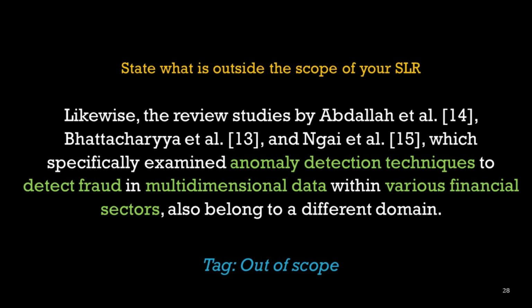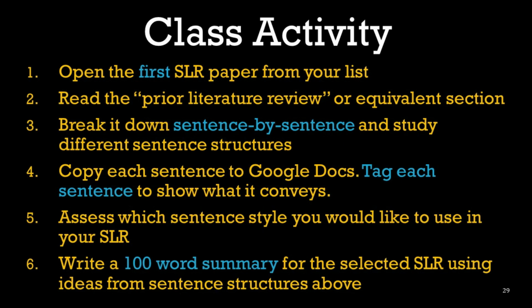So basically what I want you to do now is open one of the first SLR papers that you have been working on. Within that paper, find the prior literature review or an equivalent section. It might be called something different, or it may not even be a section. It might just be a paragraph.